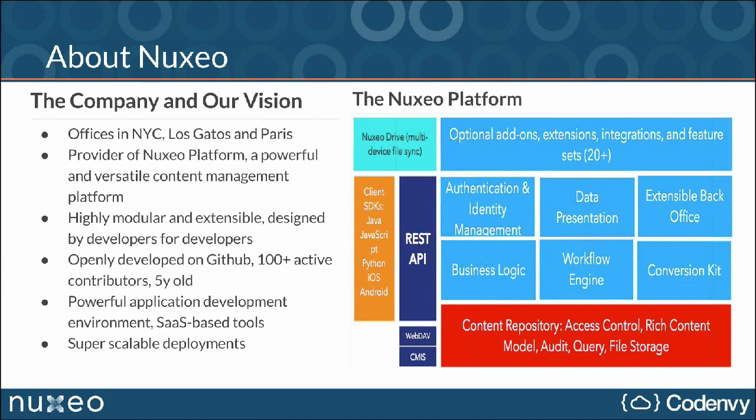Nuxeo is an open source company which provides the Nuxeo platform, which is an open source content management system in Java. This is a platform for developers to build software upon in order to create applications around content in general.